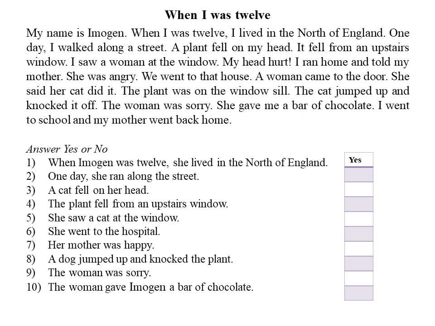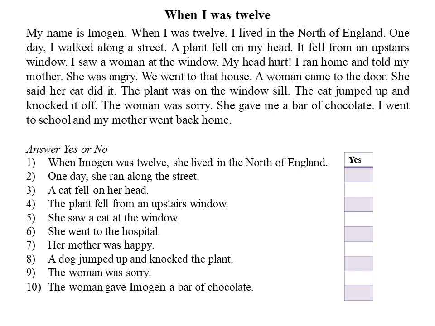I ran home and told my mother. She was angry. We went to that house. A woman came to the door. She said her cat did it. The plant was on the windowsill. The cat jumped up and knocked it off. The woman was sorry. She gave me a bar of chocolate. I went to school and my mother went back home.